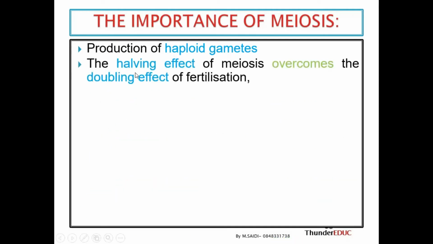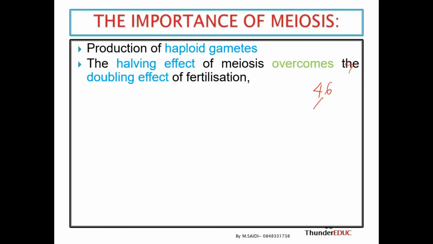Number 2 is that the halving effect of meiosis overcomes the doubling effect. How is this halving effect being brought about? Remember that you start with 46 chromosomes.